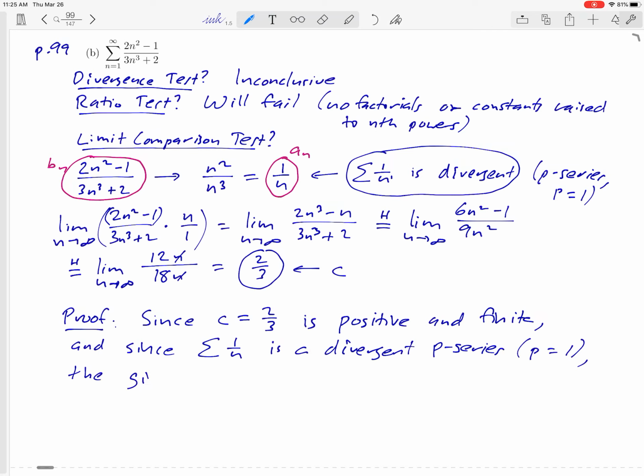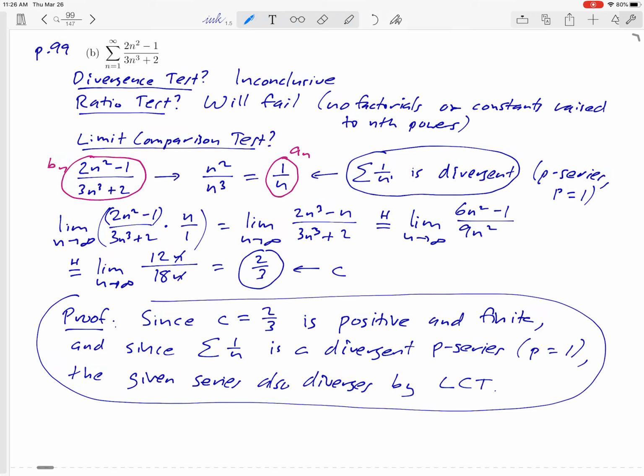As a result of the fact that the series we compared to diverges, our given series also has to diverge, by the limit comparison test. That's the test that we used. And there is our answer.